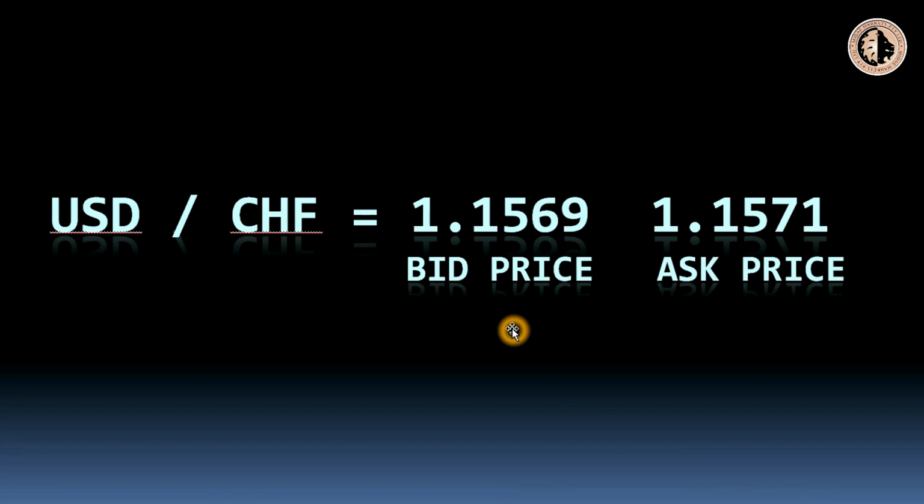Now, where the analogy does end is that at the airport, they won't quote you to 5 significant figures or the 4 decimal places that you see here. But in the FX market, it goes to this level of detail, to the pip, which we talked about. So the first one is the bid price, and the second one is the ask price.